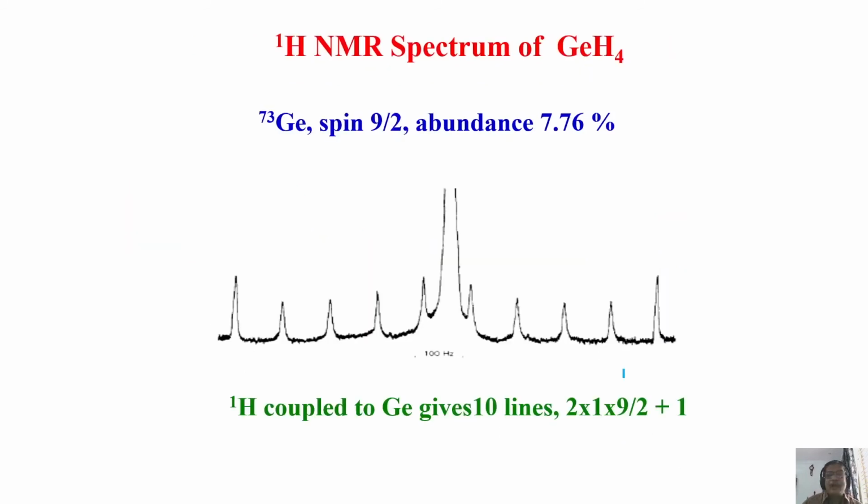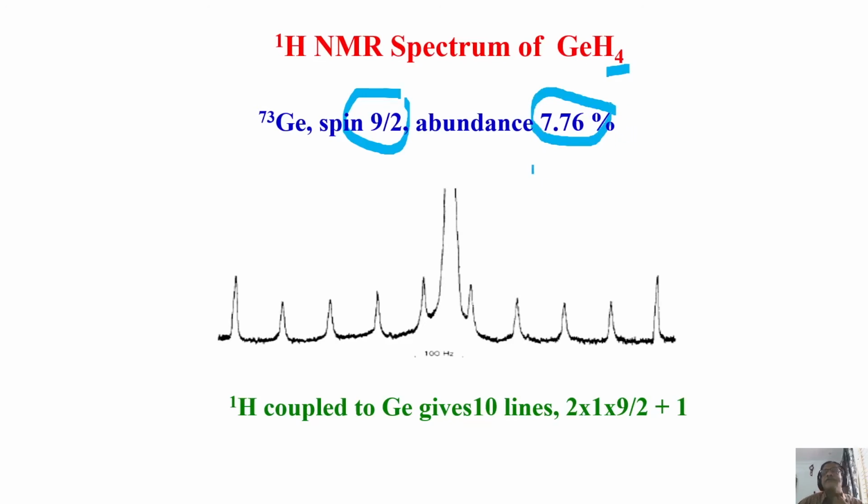This is another molecule where I am looking at the heteronuclear interaction. I am looking at the proton NMR spectrum of GeH4, germanium H4. Germanium has spin 9/2, but I am looking at proton, and germanium is 7.76% abundant.